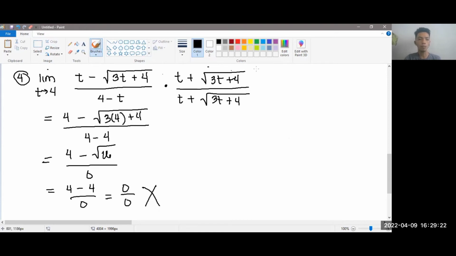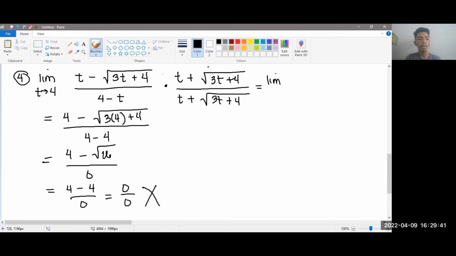Okay? So, pag minultiply natin, magkakaroon tayo ng bagong expression. So, limit of. Okay. So, kung titingnan nyo dito, kapag meron tayong dalawang binomial, di ba? Meron tayong t minus square root of 3t plus 4 and meron tayong t plus square root of 3t plus 4.